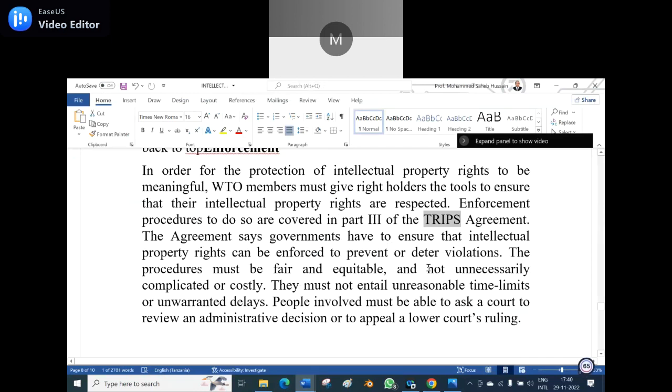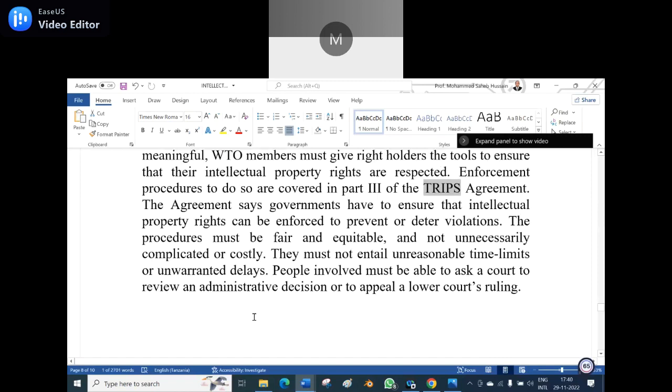Enforcement is given in Part 3 of the TRIPS agreement. The agreement says governments have to ensure that intellectual property rights can be enforced to prevent or deter violations. The procedure must be fair and equitable and not unnecessarily complicated or costly. They must not entail unreasonable time limits or unwarranted delays.